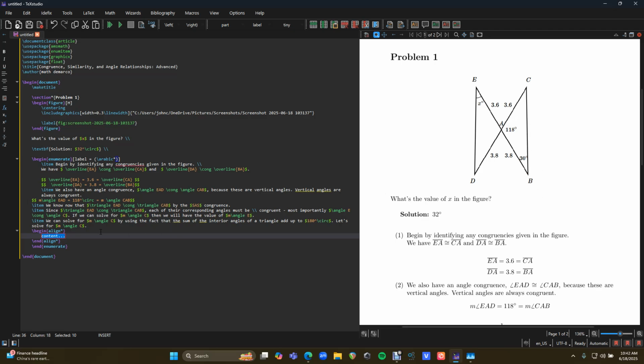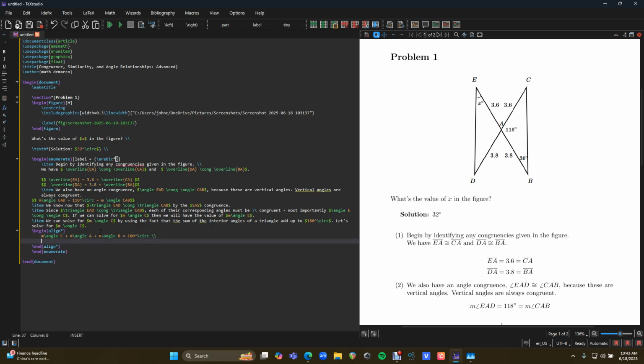This is going to take a little bit more typing, but that's okay. We'll do the measure of angle C plus the measure of angle A plus the measure of angle B is equal to 180 degrees.